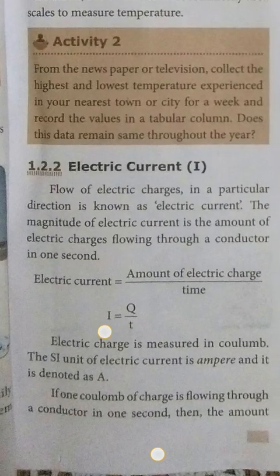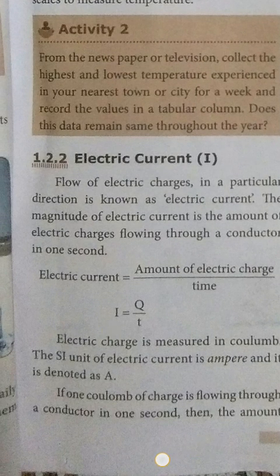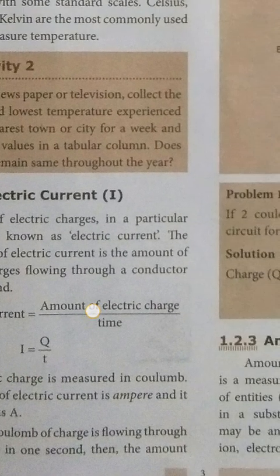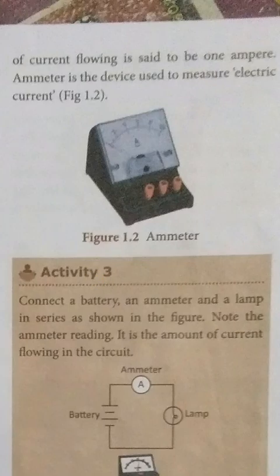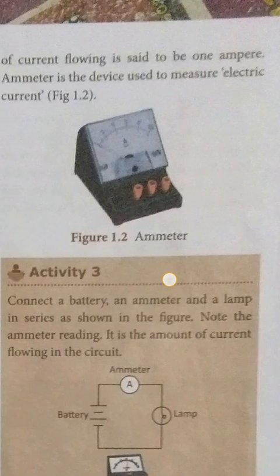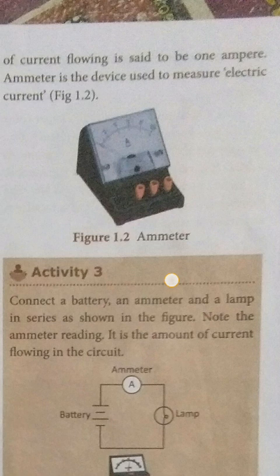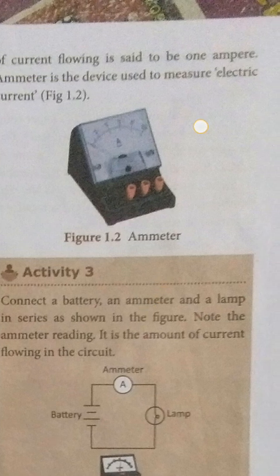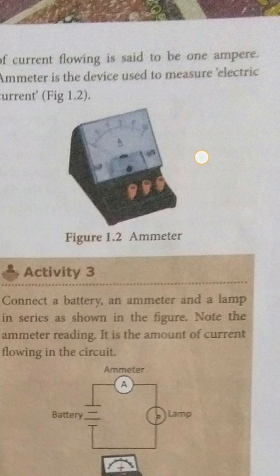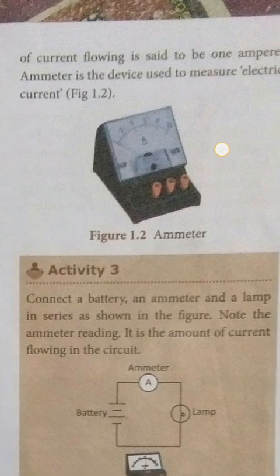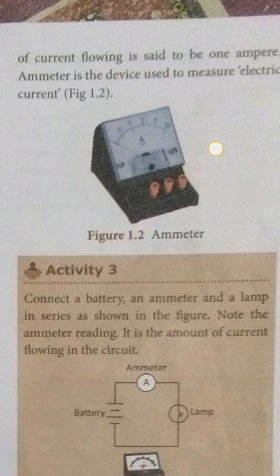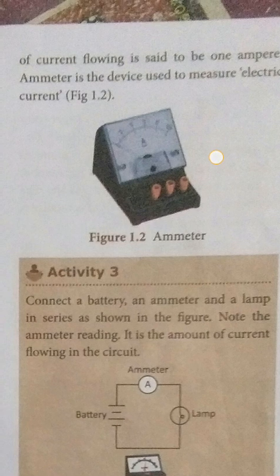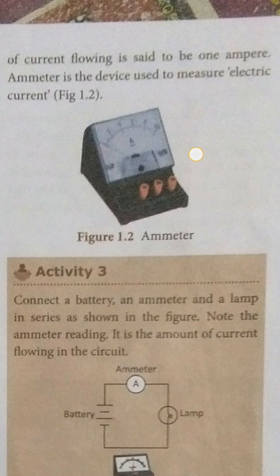If 1 coulomb charge is flowing through a conductor in 1 second, then the amount of current flowing is said to be 1 ampere. Next question, which device is used to measure electric current? Answer, ammeter is the device used to measure electric current.